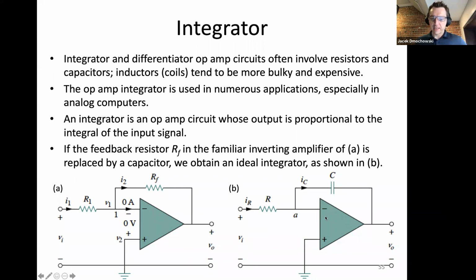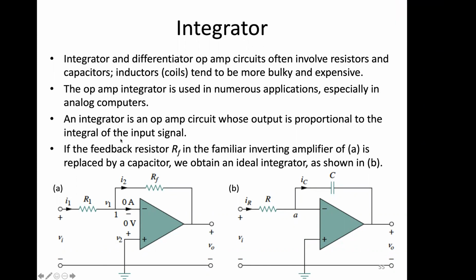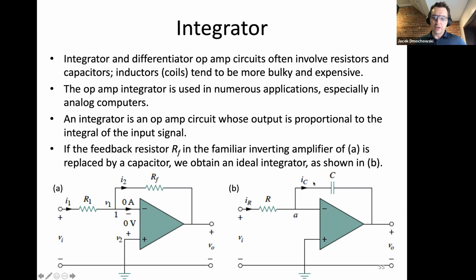The op amp is like a little black box, how do I explain it? Yeah, it's a good question. You plug this in and you plug this in, but the op amp itself comes as a single element. Alrighty.